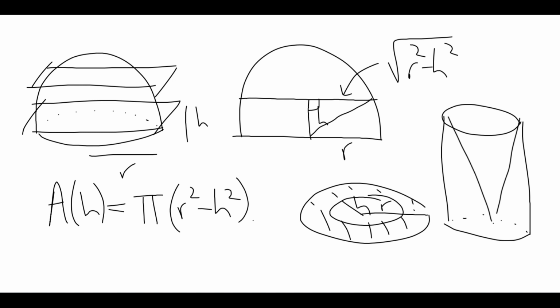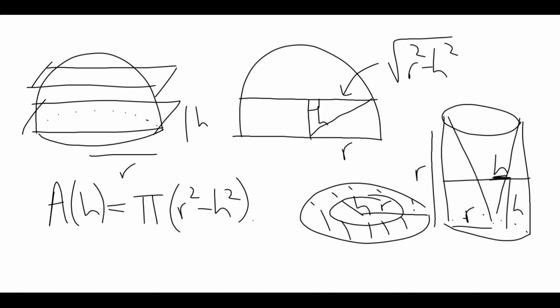Okay, so if this radius is r, and this height is also r, okay, it's not to scale, then if we go up h units and take a cross-section, the radius of the inner ring will be exactly h.